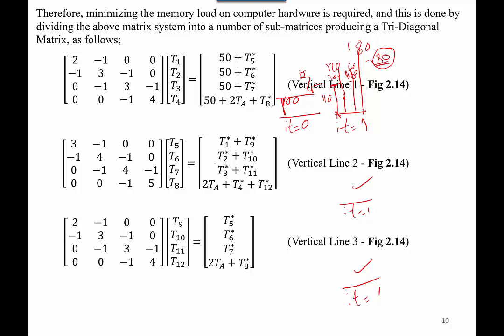This 80 degrees we find very big, and it is not enough to be satisfied to assume that iteration number 1 is our solution. Therefore, this 80 is considered to be an amount higher than a specific value that we choose in our solution.